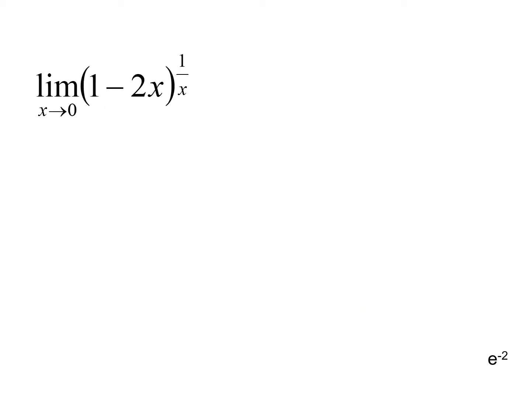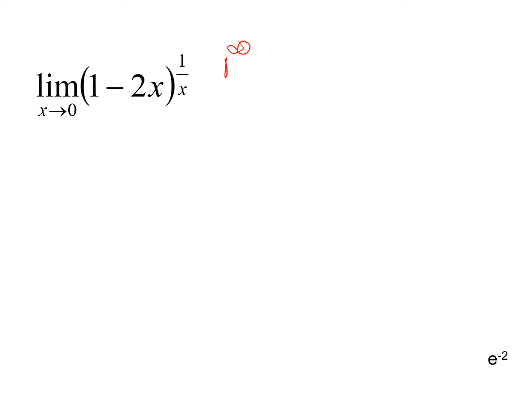Okay, this is the problem where we're going to have to use logarithmic differentiation. If we take the limit as x approaches 0, we get 1 to the infinity, which is indeterminate. I don't know if College Board minds if you write that, but it's indeterminate. So now we're going to have to put it in the form of 0 over 0 or infinity over infinity.